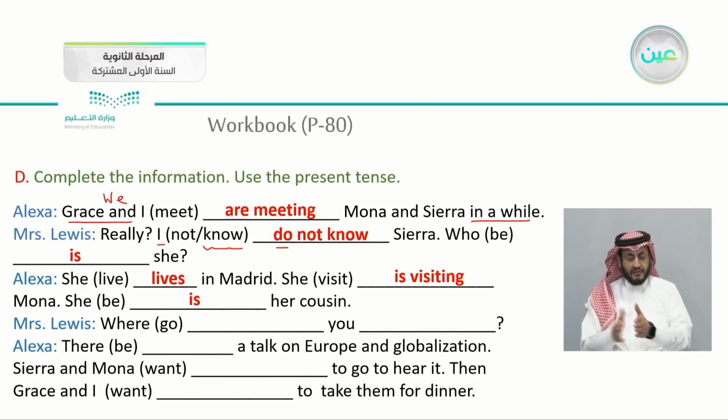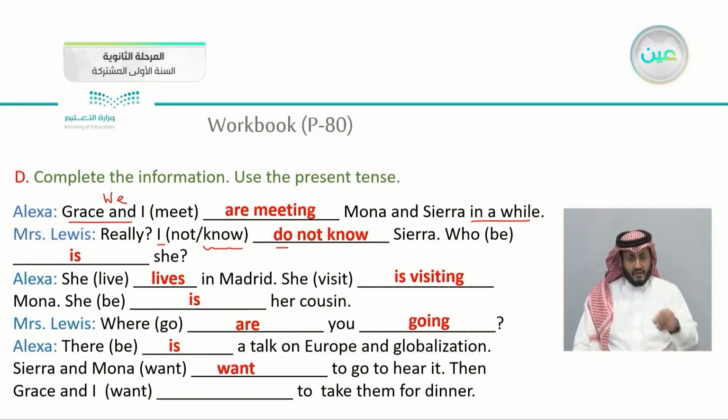Mrs. Lewis, where go? This is a question. Where go you? Where are you going? In a while. There, then a talk. Be will be is. Where there is a talk on Europe and globalization. Sarah and Mona, we have want, a stative verb.